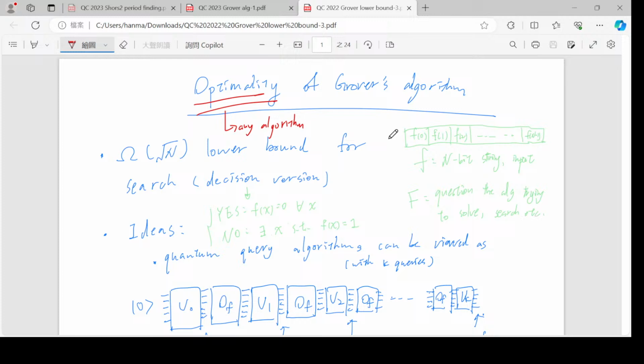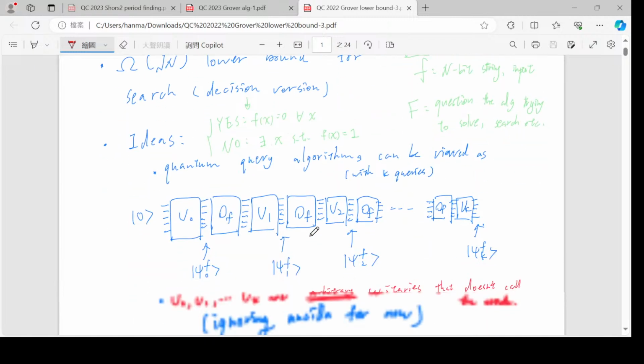If you want to do a classical lower bound, you can ask that you need to look at enough of these blocks to actually compute your big F, say, your search problem. But quantumly, you can use an equal superposition, a superposition query, to look at everything together. So it's harder to say how much you need to look at these boxes, because you can look at every box by just a uniform superposition query on everything. But still, we are able to do this.